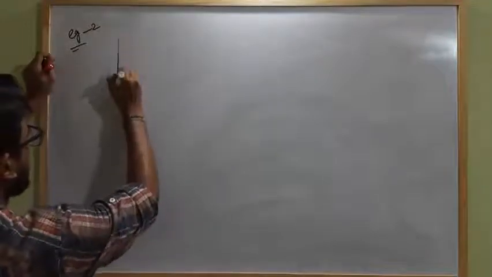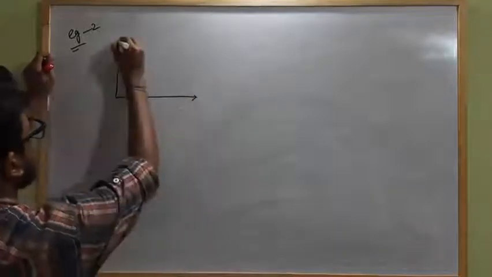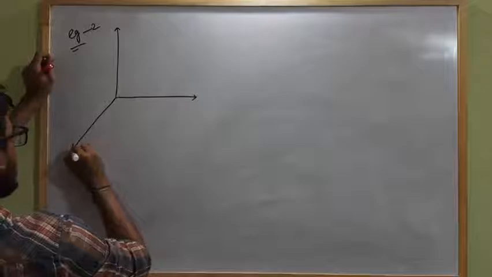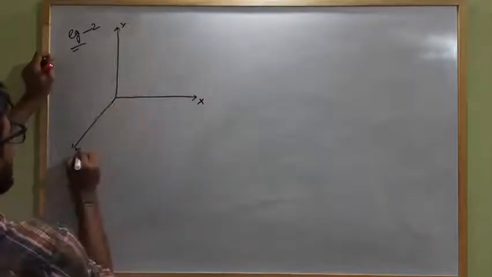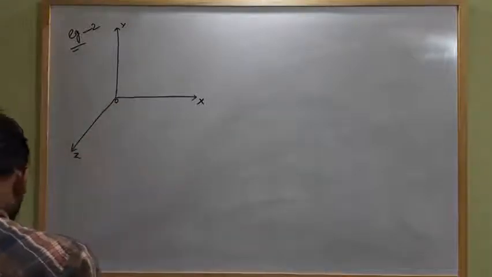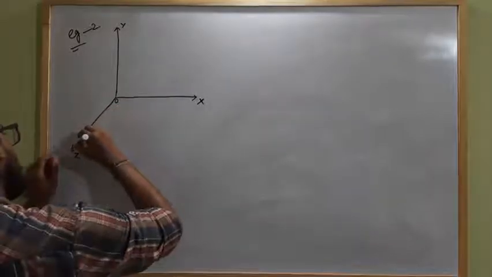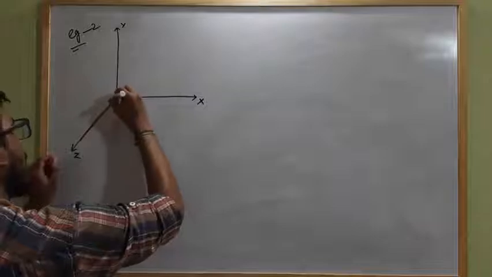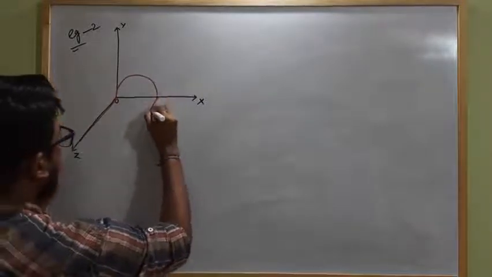This is a coordinate system like this. Here is the x-axis, y-axis and z-axis. This is the origin O. A current carrying element will be like this, along this, then it moves along this and again comes along this.